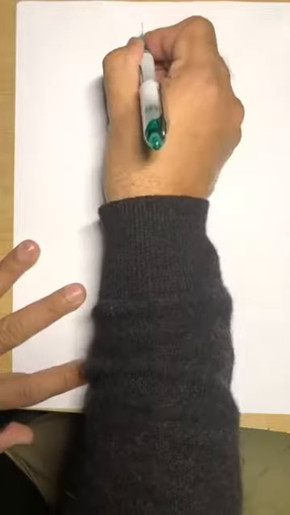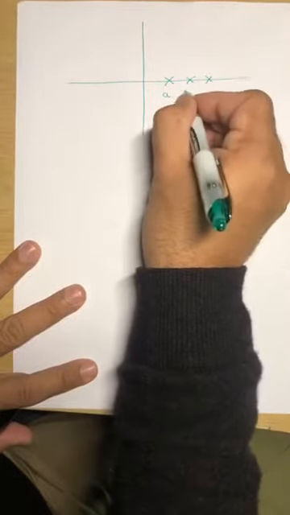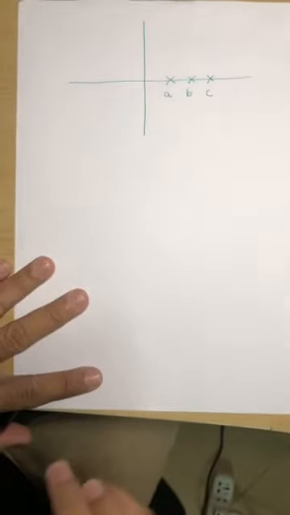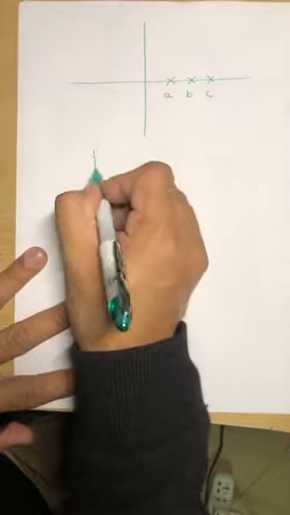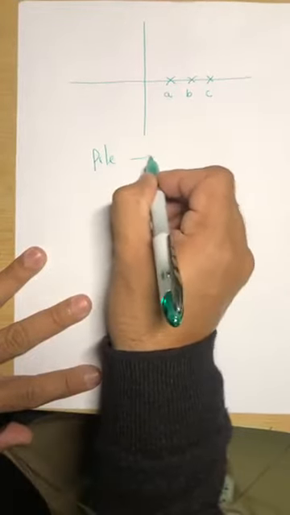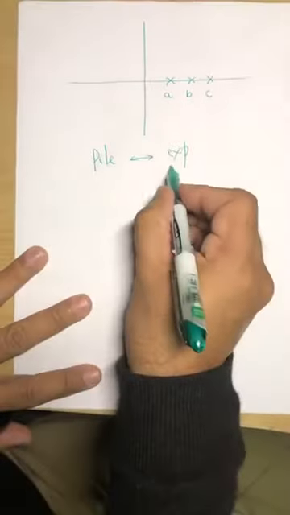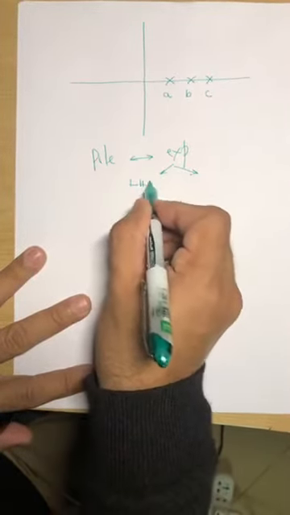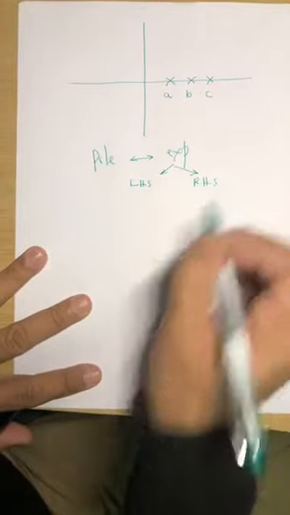So if we generalize this example, let's say there are 3 poles, A, B, C. And remember that every pole means a sequence. Whenever there is a pole, it means there is an exponential. There are 2 possibilities for this exponential. It may be a left hand side exponential or a right hand side exponential.